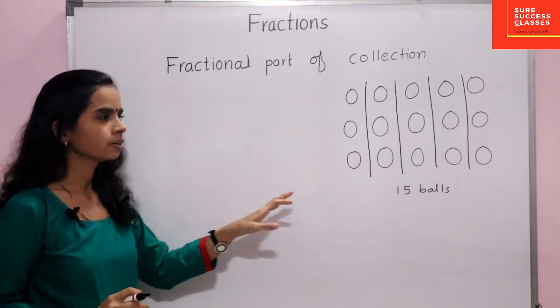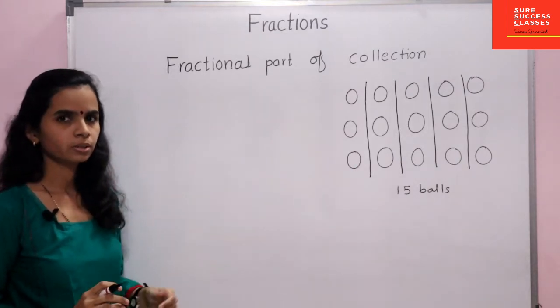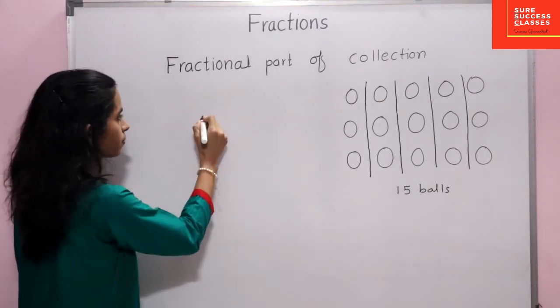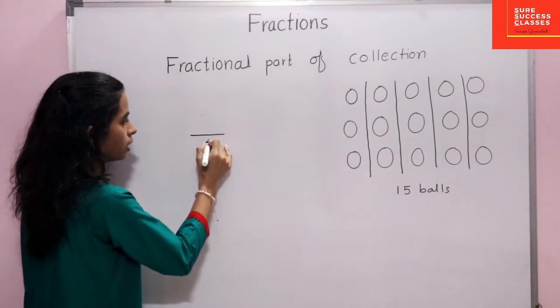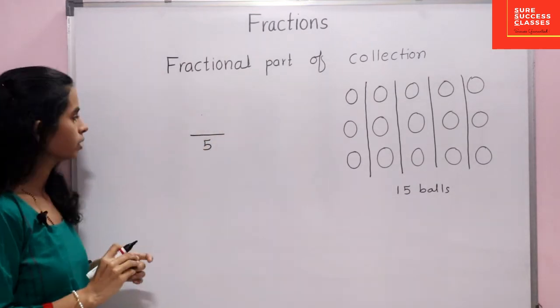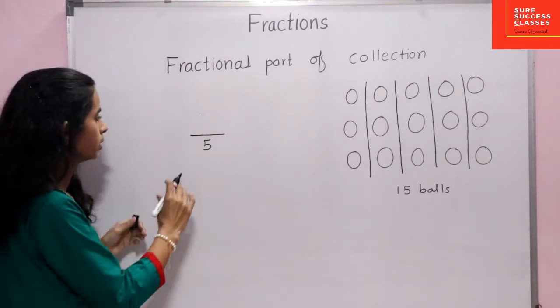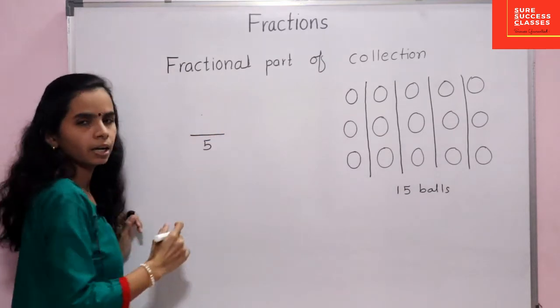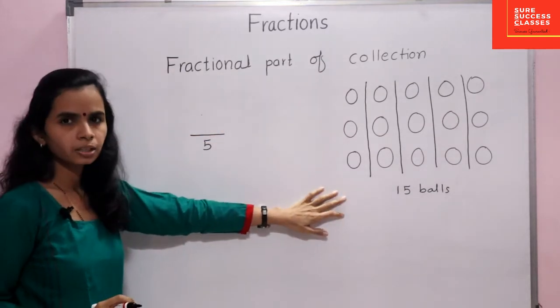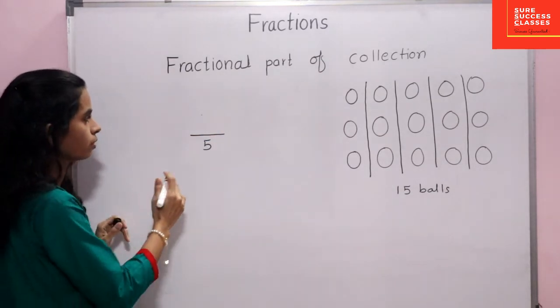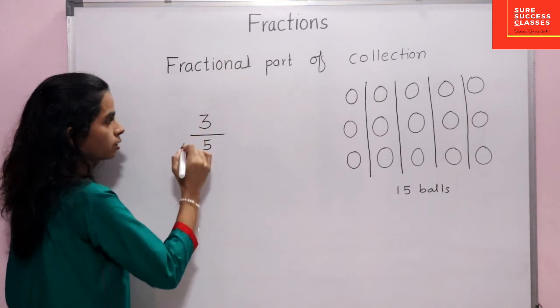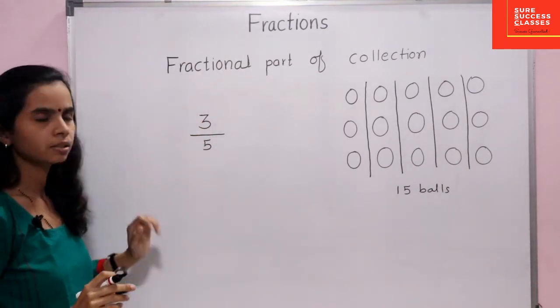If we take 3 groups out of those 5 groups, we write 5 as the denominator and 3 as the numerator.